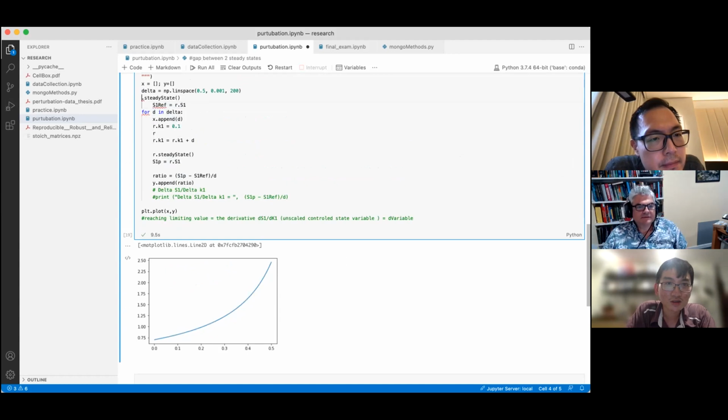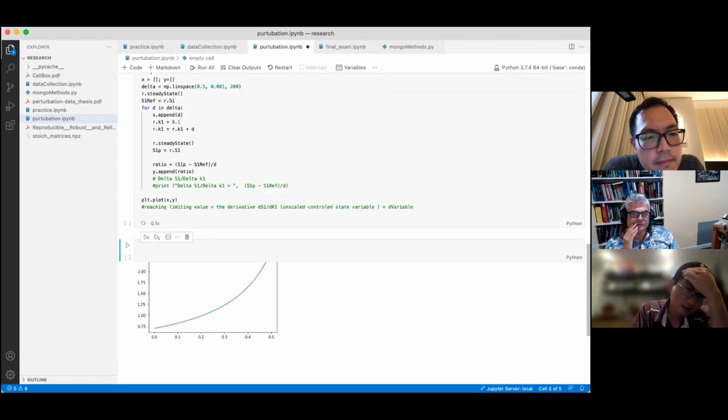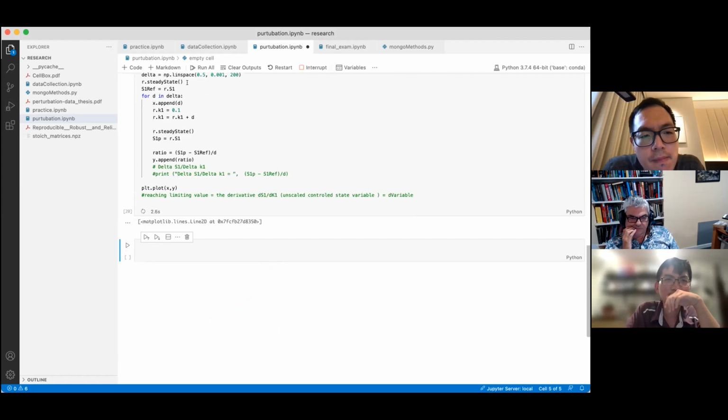So you only need to compute it once. It might make it a bit faster.